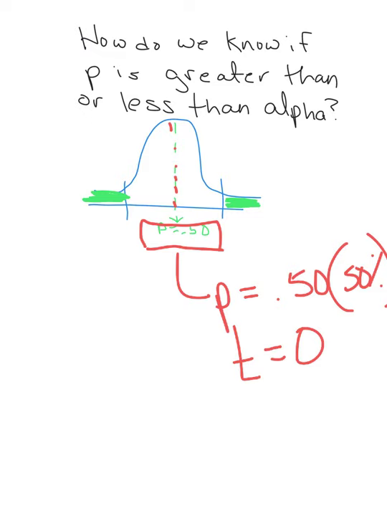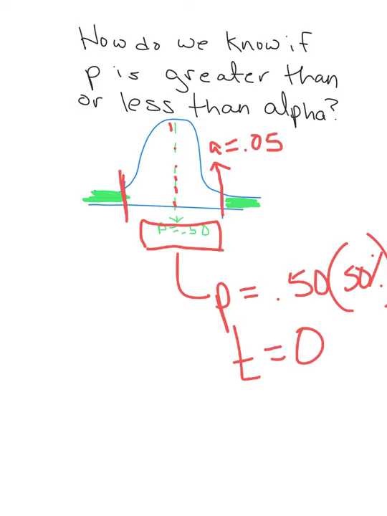If we're looking at an alpha of 0.05, we're looking further out in the tail. So let's say this is where our 0.05 is, right here. Right at this location is a probability value of 0.05, meaning that 5% of the data falls here or further out in the tail.